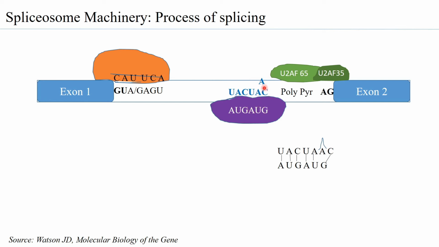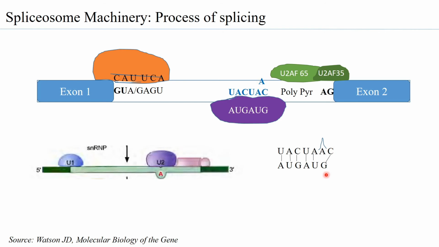And this is important. Why is this important? Because the A being accentuated over here leads to its 2' OH getting ready for nucleophilic attack. So the binding of the U2 snRNP to the branch point ensures that the nucleophile is ready for the first transesterification reaction.